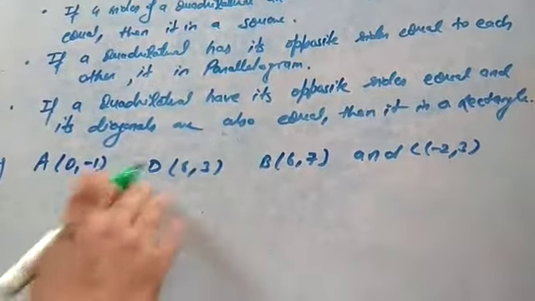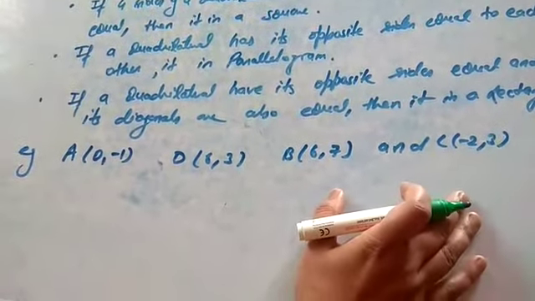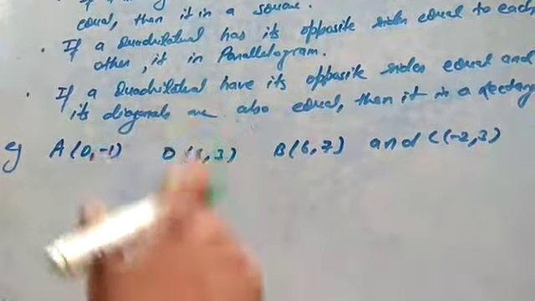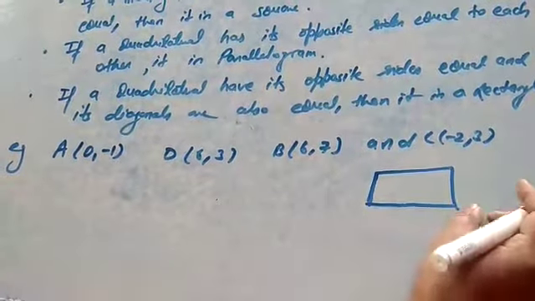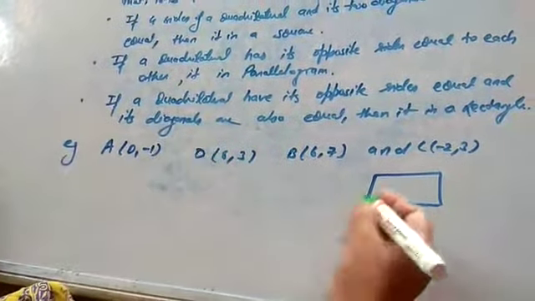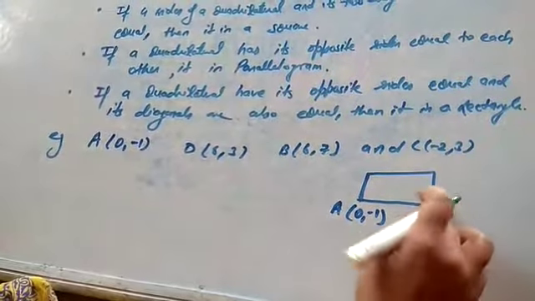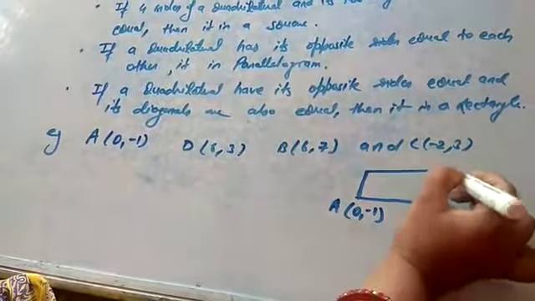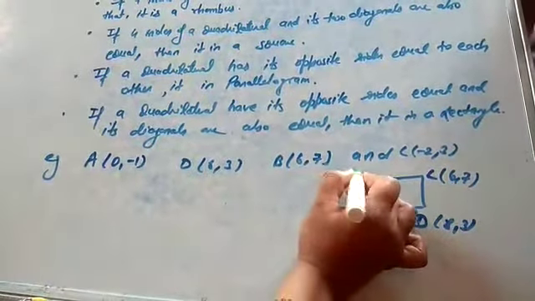If we have to prove that these four points are the vertices of a rectangle or not, we need to prove that its opposite sides are equal or not. So here the figure is given. If the figure is not given, you will take the names continuously like A, B, C, D. But here since the figure is given, I am using the figure: A (0, -1), D (8, 3), B (6, 7) and C (-2, 3).